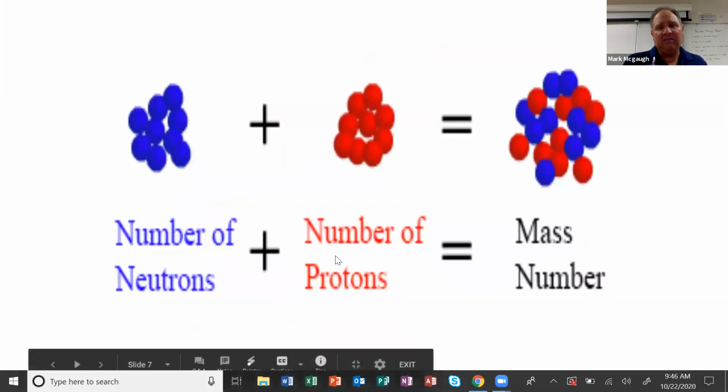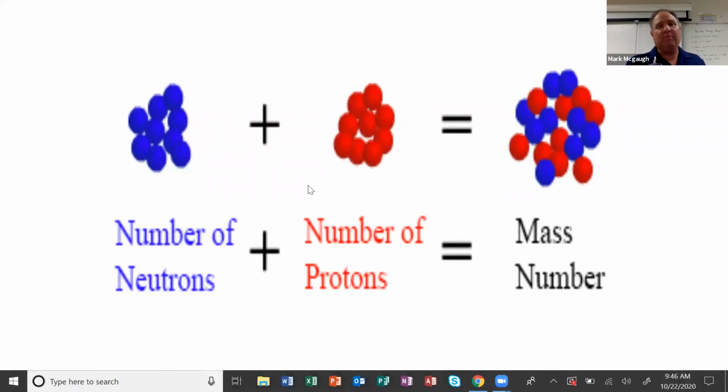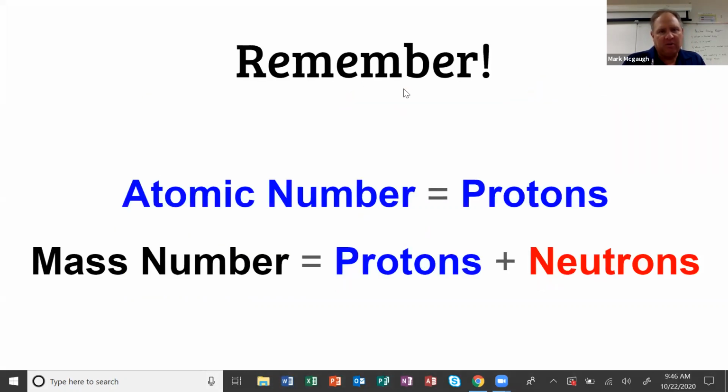Now, the number of protons, that's the atomic number. The atomic number determines what type of element an atom is. The atomic number, because it's positive, it attracts neutrons. The neutrons plus the protons, though, is the mass number. Okay? That's the mass number. How many of them there are together? So remember, the atomic number is just the number of protons.